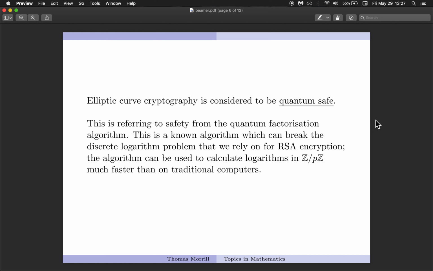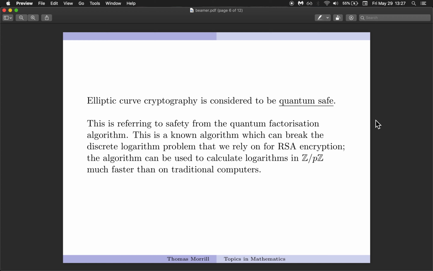The facts of the matter that we need for right now is that there is an algorithm that people already know, called the quantum factorization algorithm. And what it can do is it can factor integers much faster than any algorithm on a traditional computer.